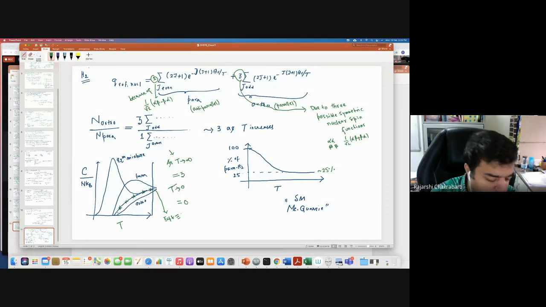This is actually equal to 1/4 para plus 3/4 ortho. It matches with this ratio mixture. I had stopped here and did not explain it, so I'll just briefly tell you why.